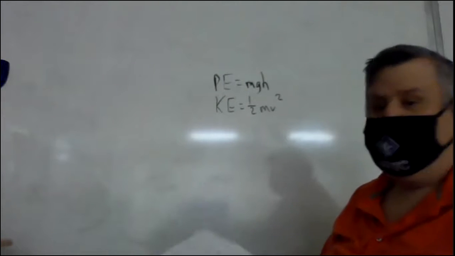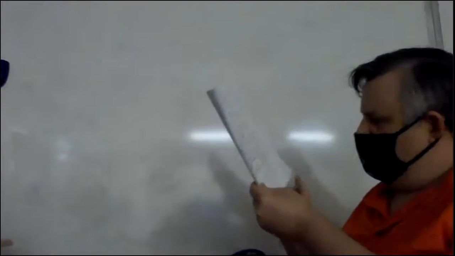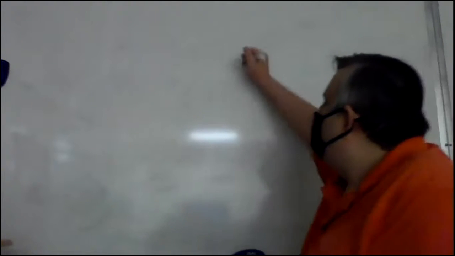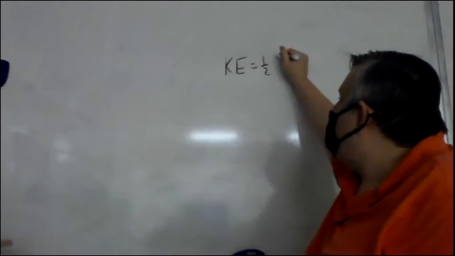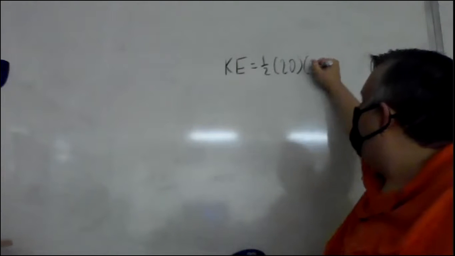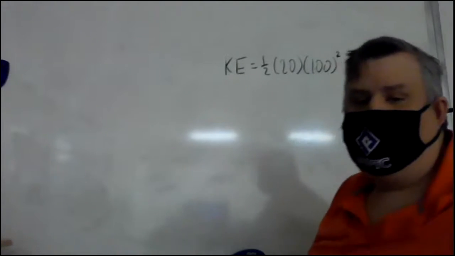I'm going to start out with the kinetic energy formula. So my first problem says, what is the kinetic energy of an object moving at 100 meters per second if its mass is 20 kilograms? So kinetic energy equal to 1/2 the mass, which is 20 kilograms, times the velocity, which is 100 squared.